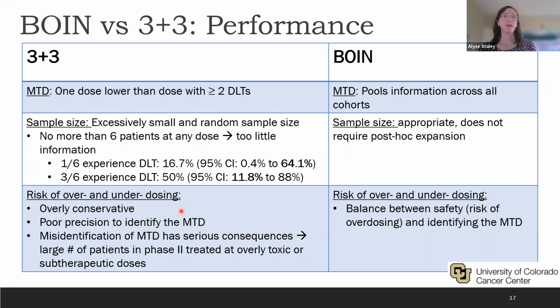But if you treat patients at subtherapeutic doses, that means that in phase 2, when you're studying efficacy, you might overlook a treatment that could have been really effective at a higher dose. And this is also a waste of resources. BOIN, on the other hand, has a much better balance between safety, so your risk of overdosing, and identifying the MTD.